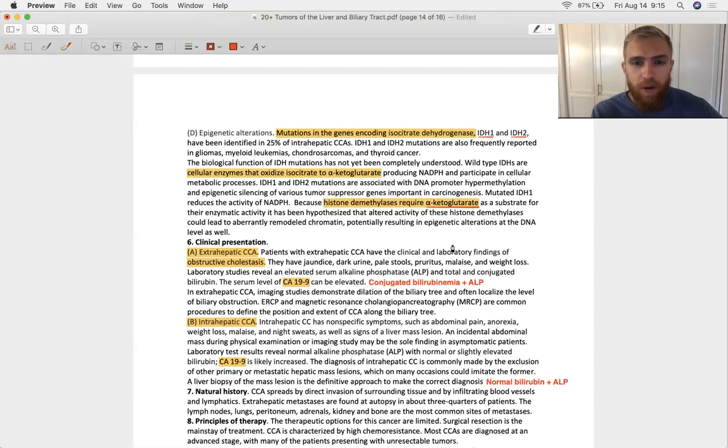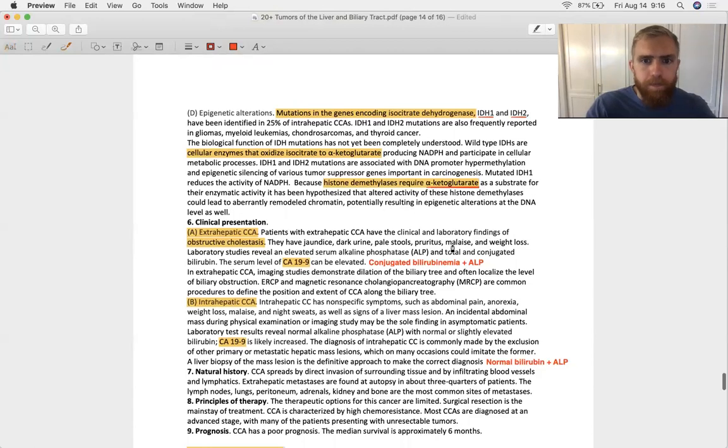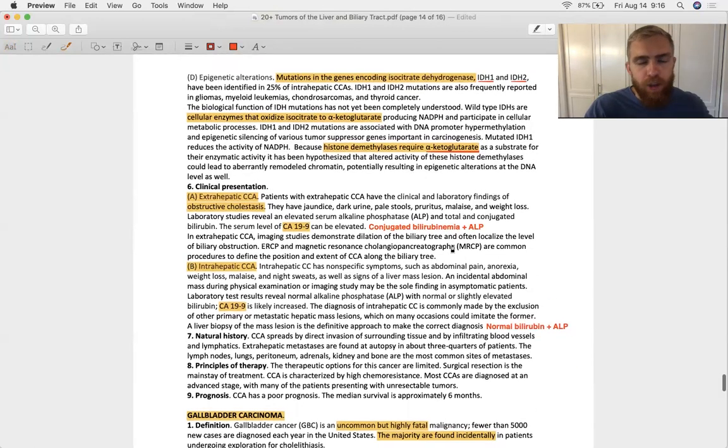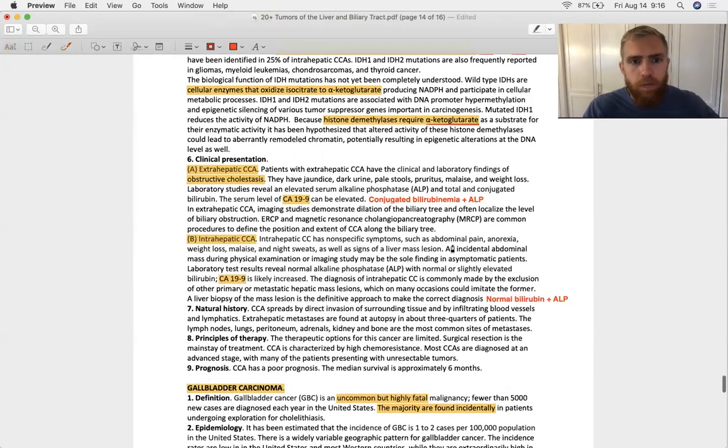So if you're not making alpha-ketoglutarate, histone demethylases aren't working, meaning your chromatin stays unwound, potentially resulting in epigenetic alterations. So that's another way of picking up mutations.